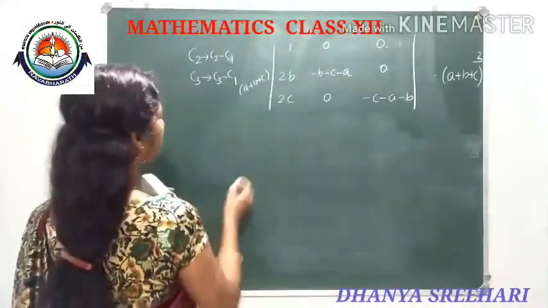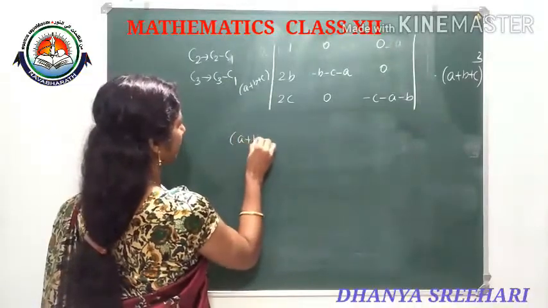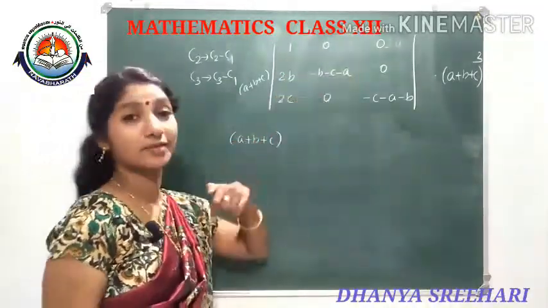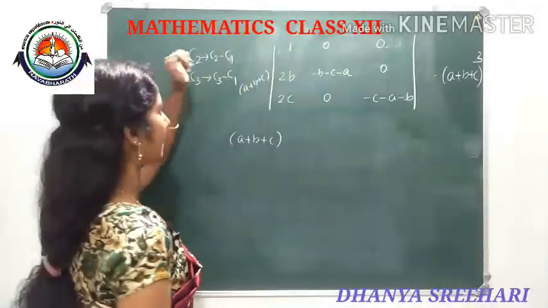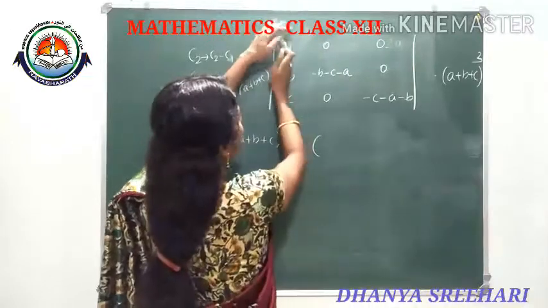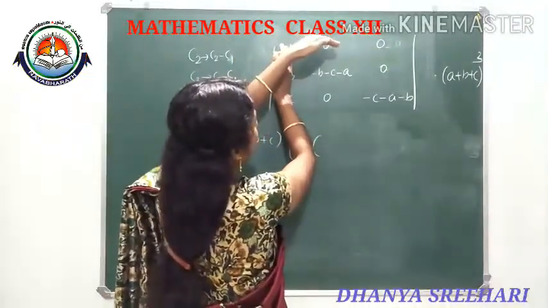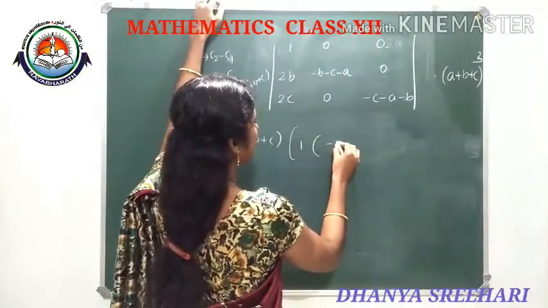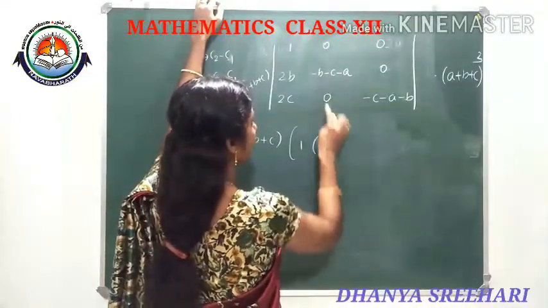Then next, a plus b plus c into, we can expand along R1. See, R1's two elements become 0, so we can expand along R1. So it will come 1 into this, with its row and column removed, this into this. So minus, we can take common from these three.